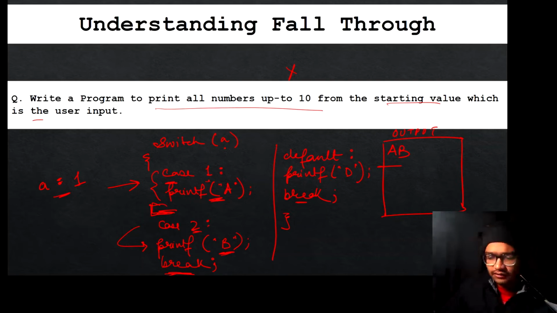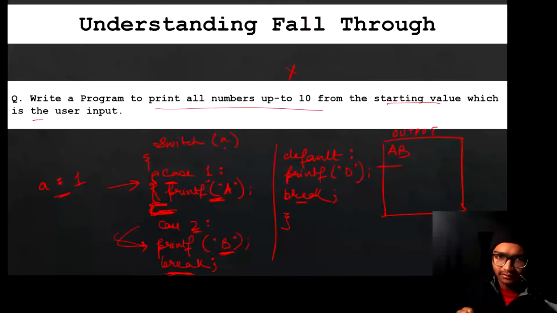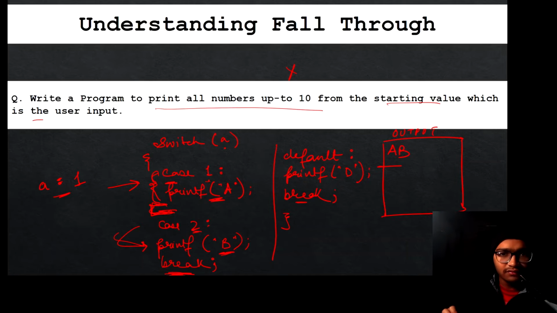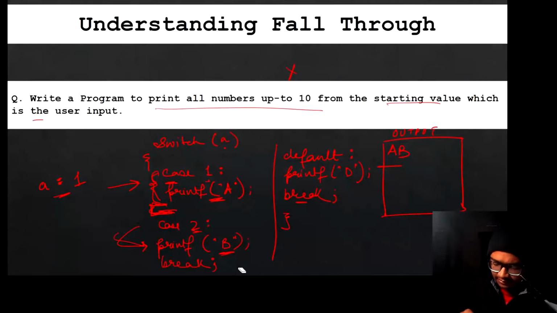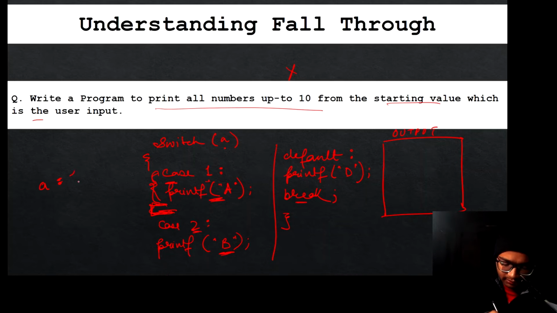Okay, so this was the implementation of fall through, where only one case is matched, and if the break is missing, all the cases after that are executed until a break is found. Now in case we missed writing the break in case 2 also, then what would happen? Suppose the user gives the value of A to be 1 again.